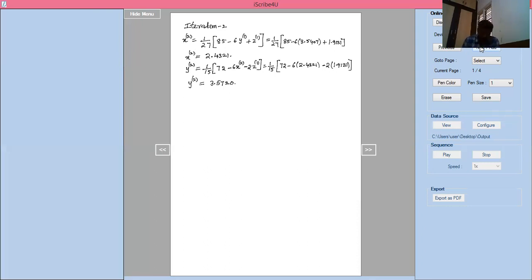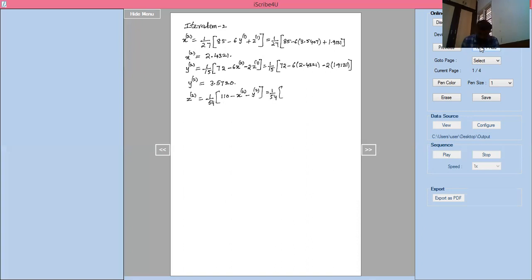Next, z of 2 equals 1 by 54 into 110 minus x of 2 minus y of 2. Here the x of 2 and y of 2 values that I found before I will substitute.